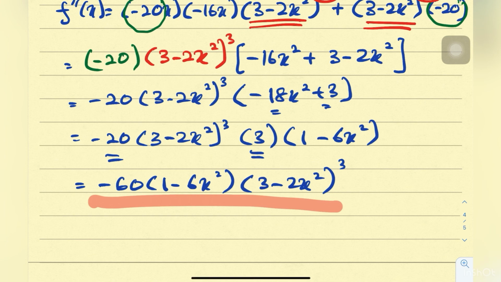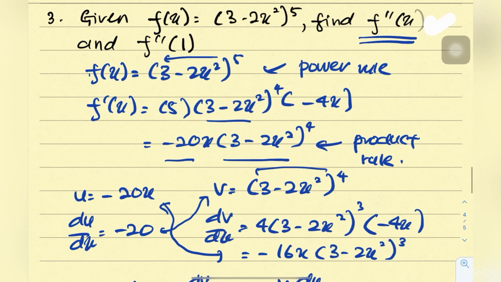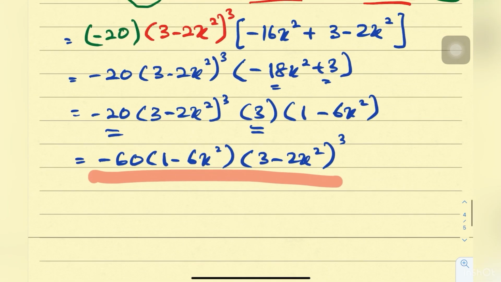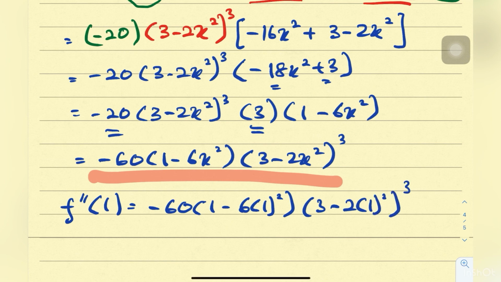Look at the question: find f double prime x and f double prime 1. Meaning that you have to substitute x equals 1 into f double prime. So f double prime 1 equals negative 60 times (1 minus 6 times 1 squared) times (3 minus 2 times 1 squared) cubed.